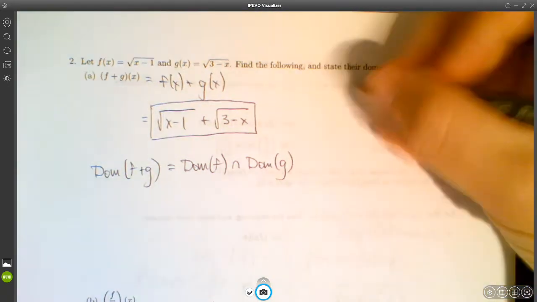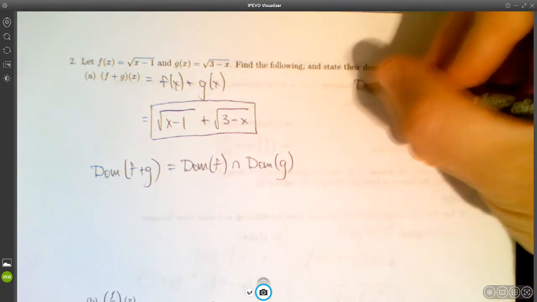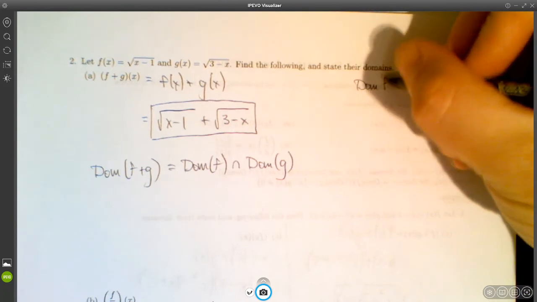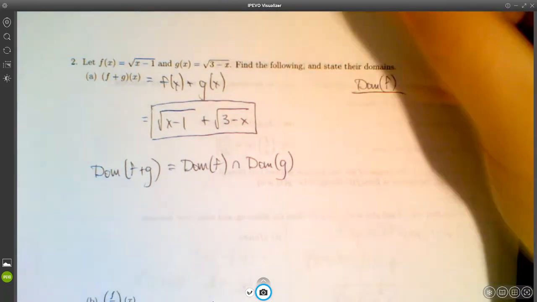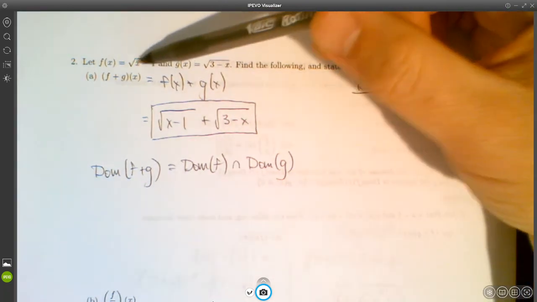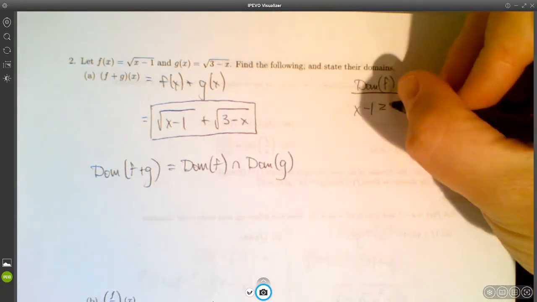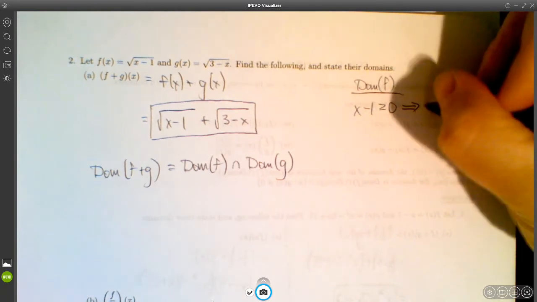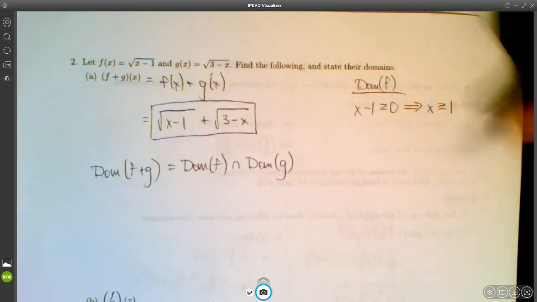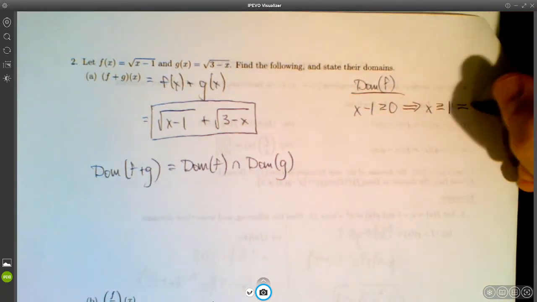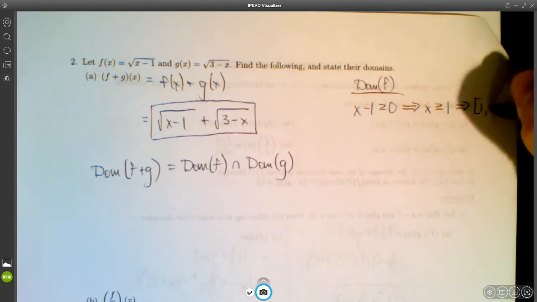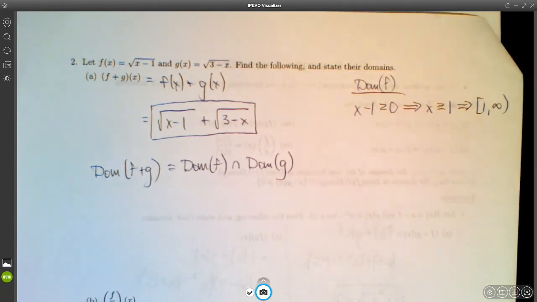Well, so let's do some scratch work and figure out, well, what's the domain of f, right? Domain of f. So for f of x, we need x minus 1 to be greater than or equal to 0. Which means we need x to be greater than or equal to 1. Which means the domain of f is 1 to infinity, right?